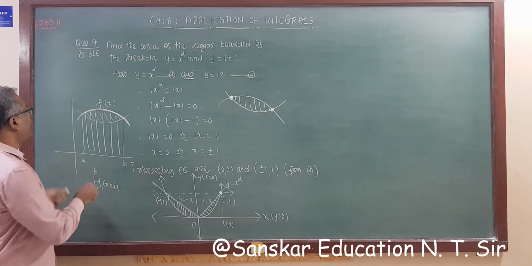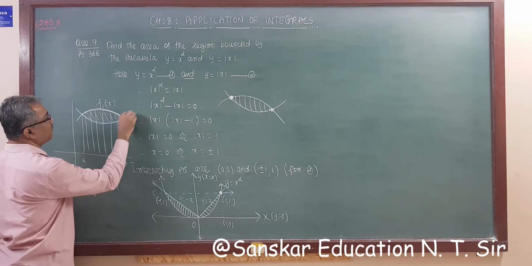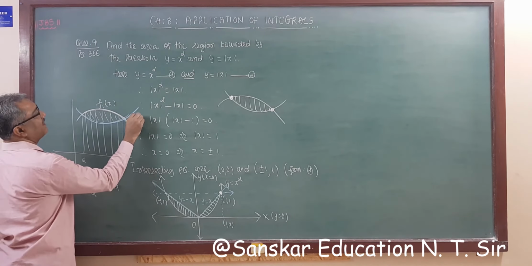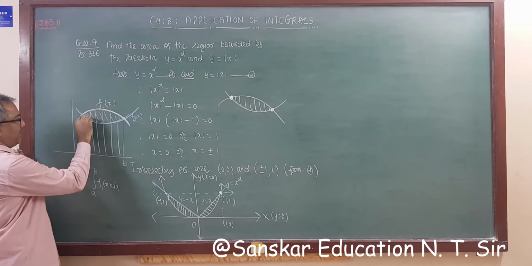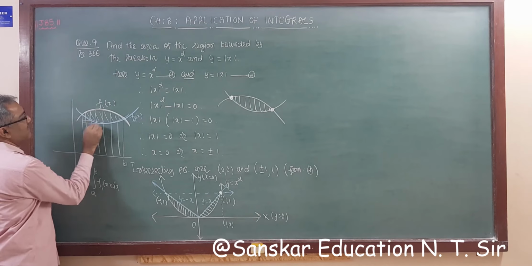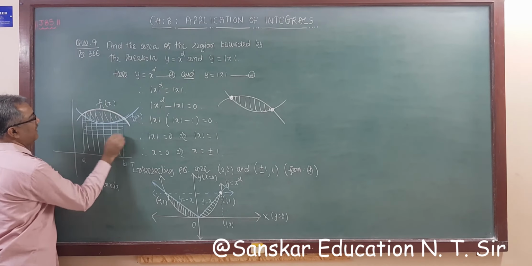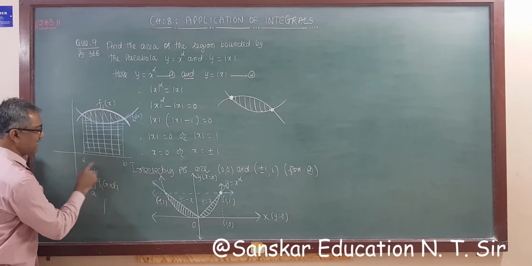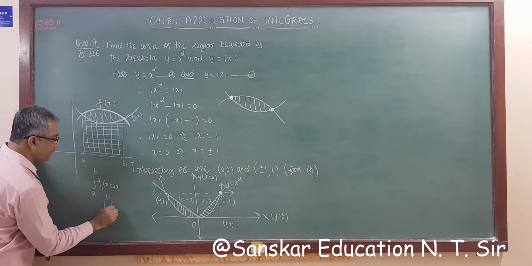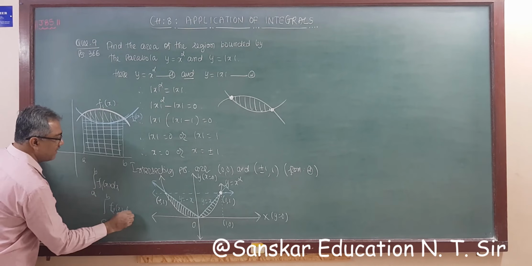Now if we take this as f2(x), our second curve, then the area bounded by this curve and the horizontal line is integration, same a to b, f2(x) dx, right?